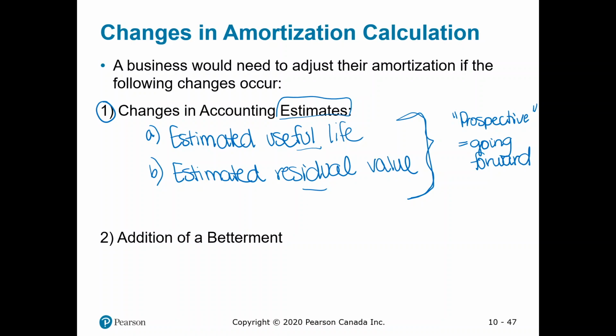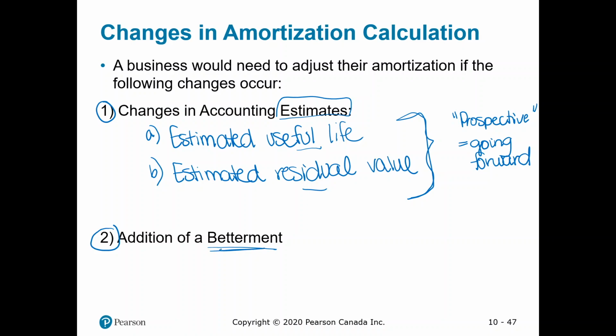The other reason that you might need to change your amortization is if you have the addition of a betterment. So remember, we talked about this. If you have some sort of new cost that makes your asset better, so more efficient, extends the useful life, all of those things. If it makes it better, we capitalize it or add it to the cost of the asset.